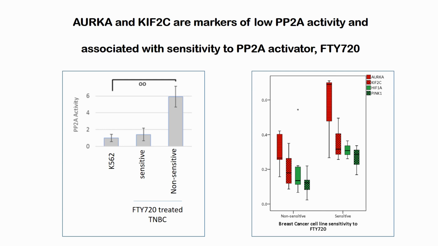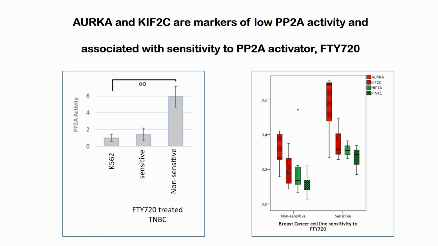Here on the left you see a graph in which we pulled down the complex and measured the phosphatase activity against a substrate in vitro. As you can see, the sensitive have low PP2A activity and the non-sensitive have a high one, but this is something we cannot do on patient material.